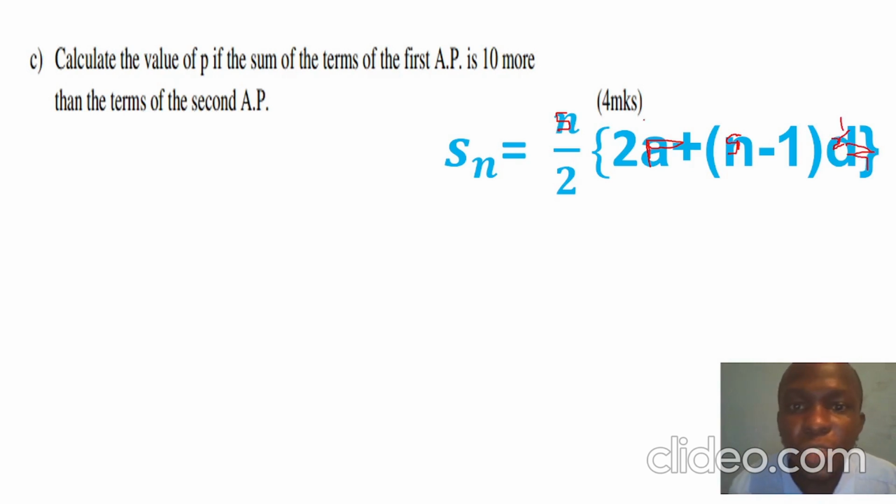And then we are going to say the terms of the first AP is 10 more than the terms of the second AP. You're going to say the first AP is equal to the second plus 10. So let us see the solution.